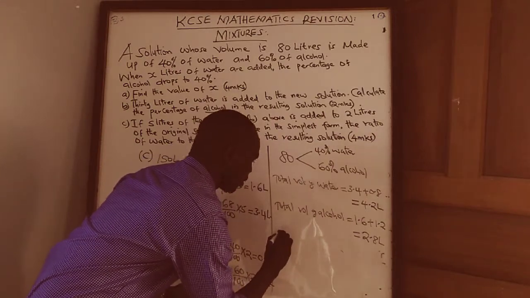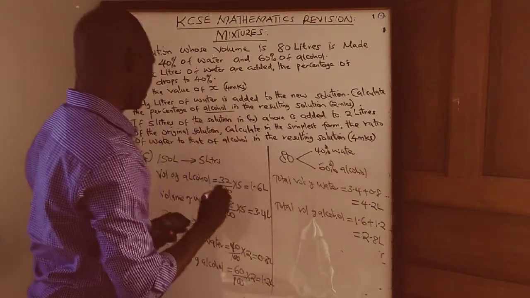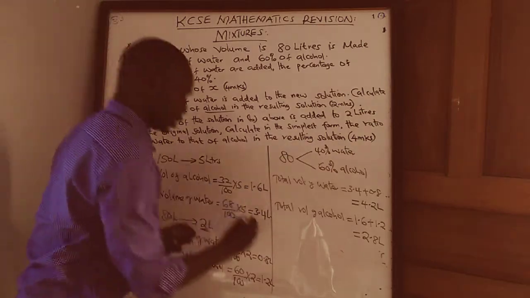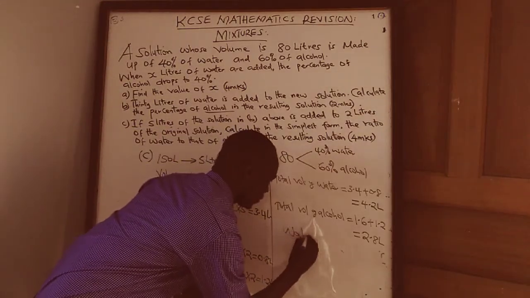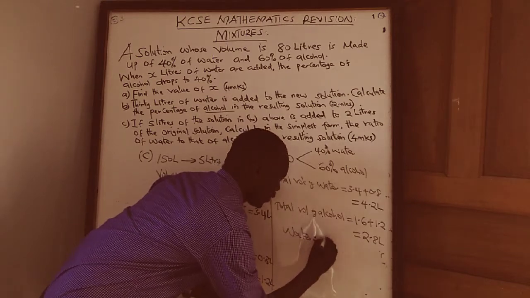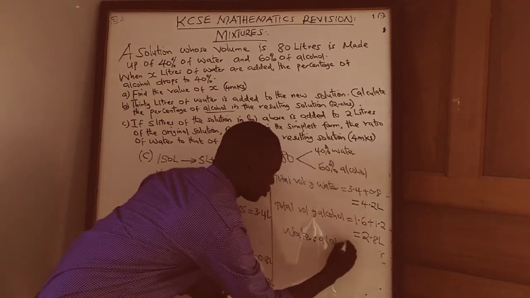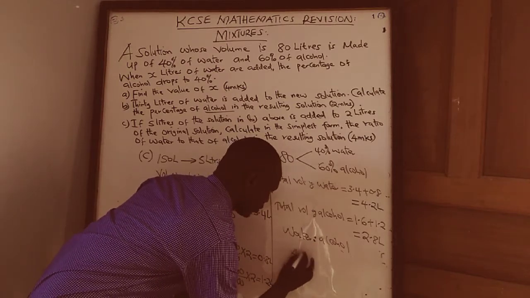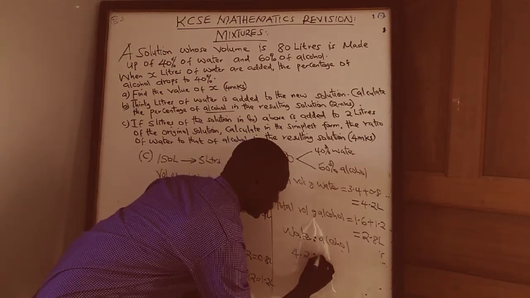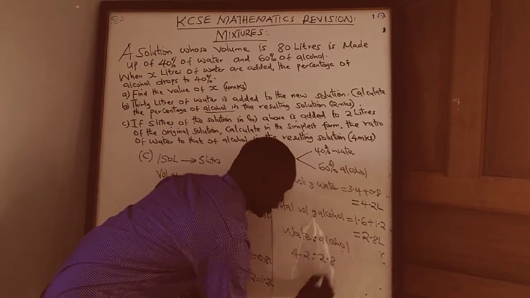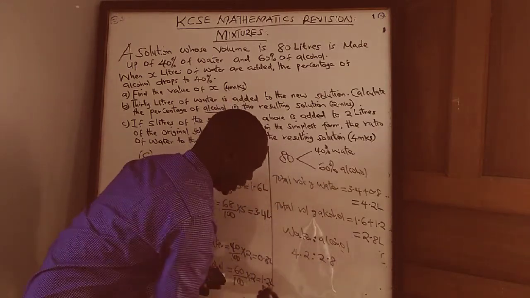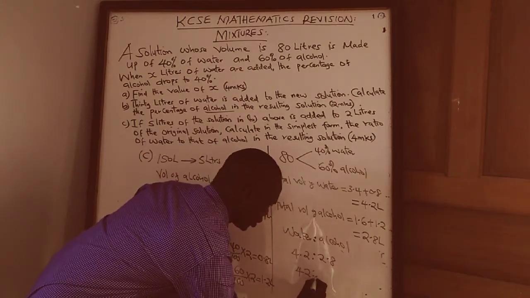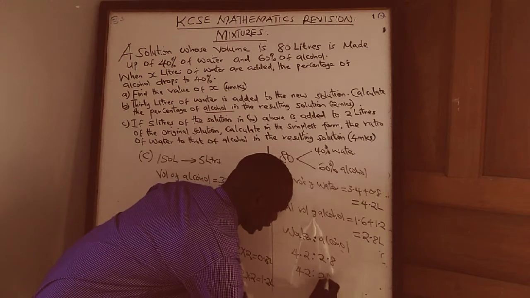Now, what we need to calculate in the simplest form is the ratio of water to alcohol. Water to alcohol is equal to 4.2 to 2.8. If we multiply by 10 to remove the decimal point, we have 42 to 28.